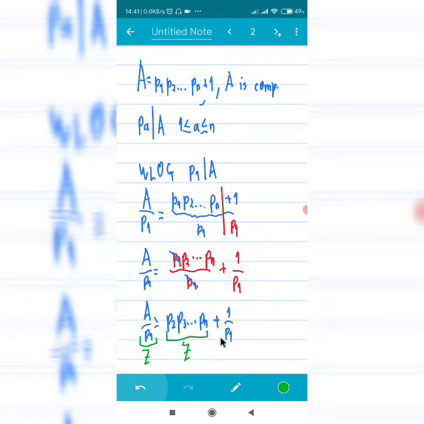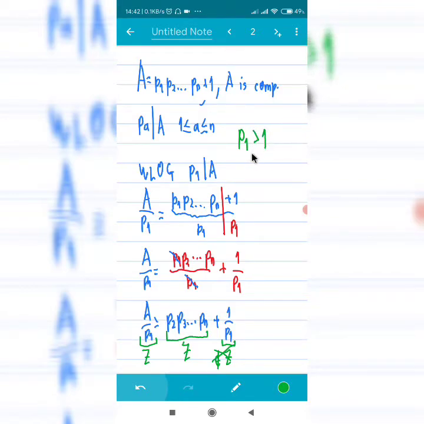However, this thing right here, 1 over P1, is not an integer. You may ask why: because P1 is greater than 1.